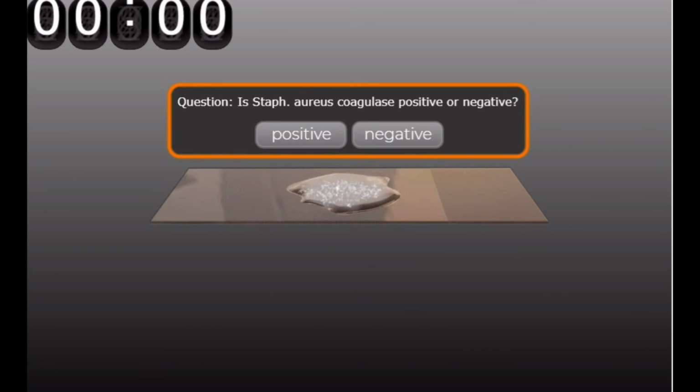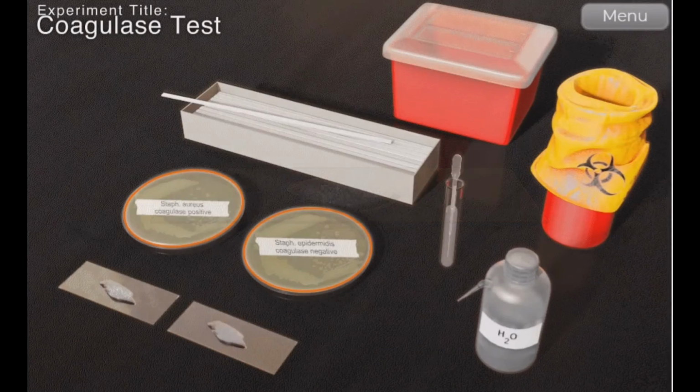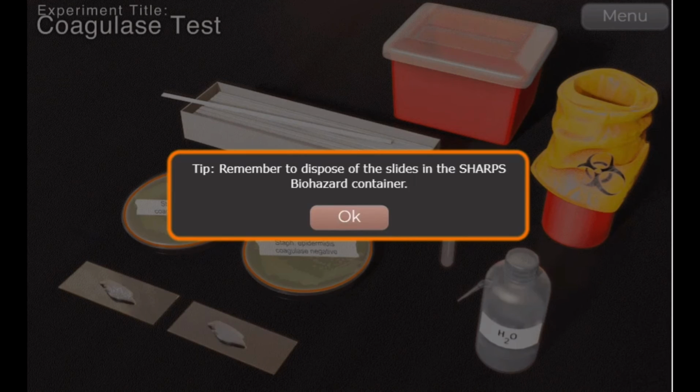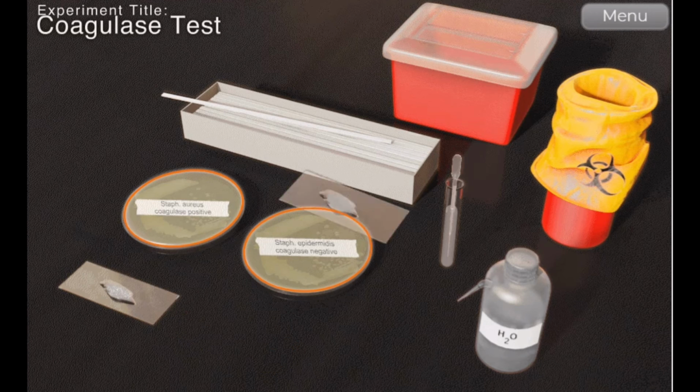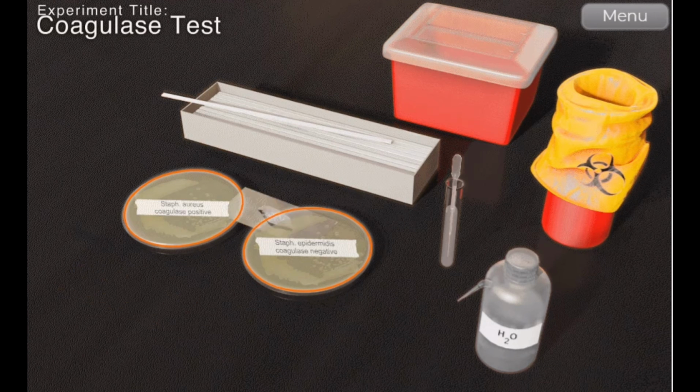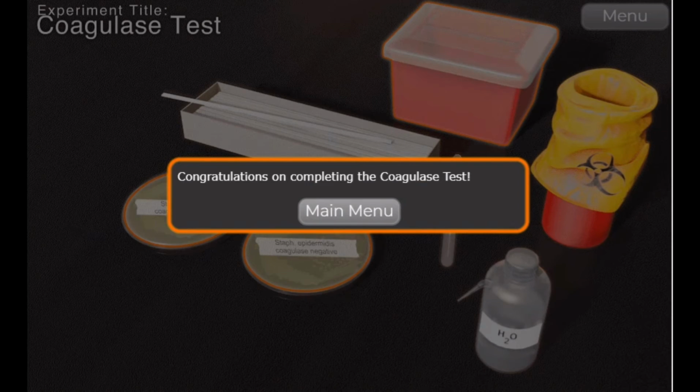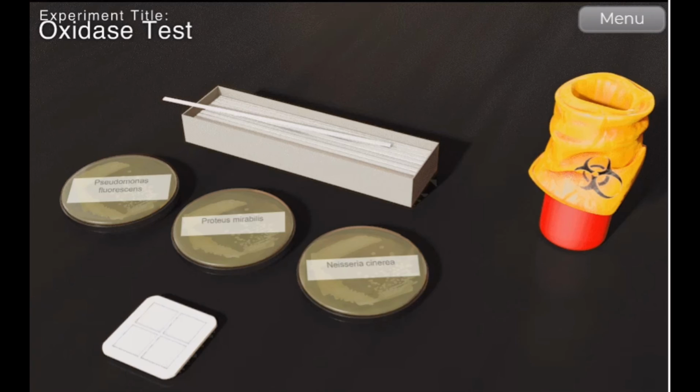Is Staph aureus coagulase positive or negative? So there is clumping, that means it is positive. Done for coagulase.